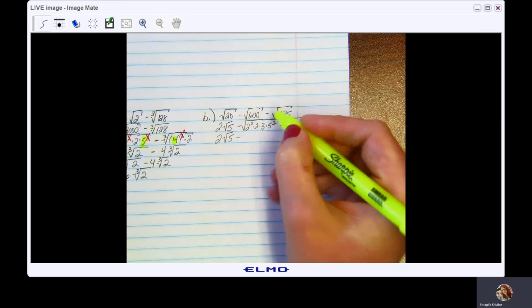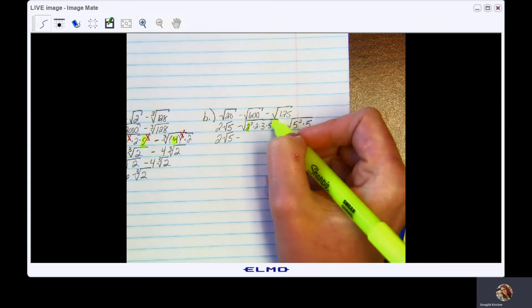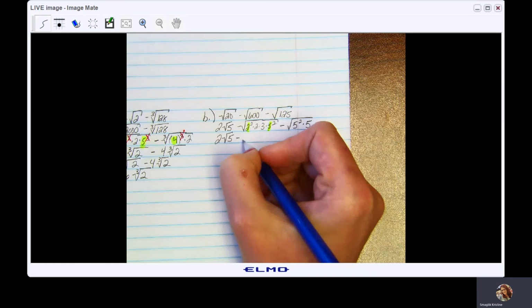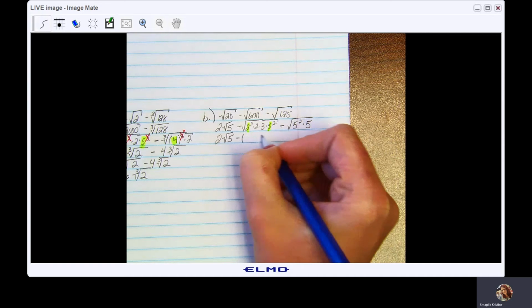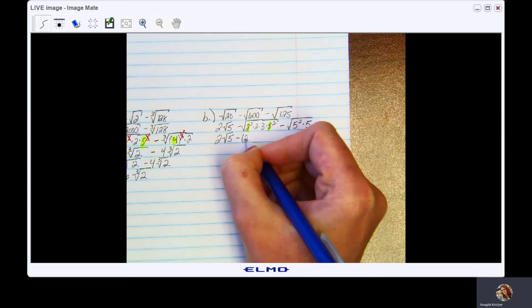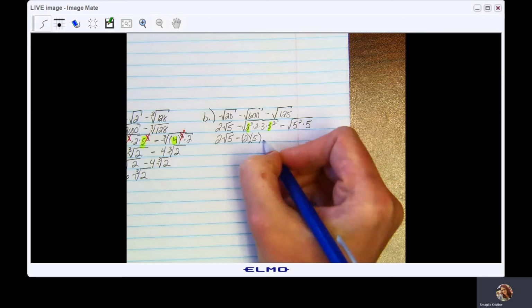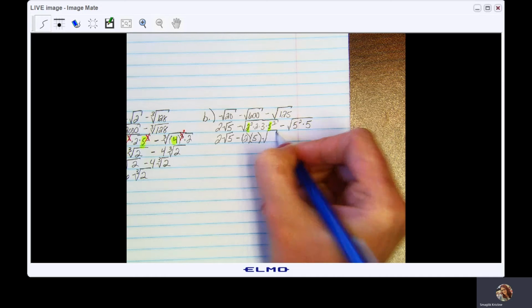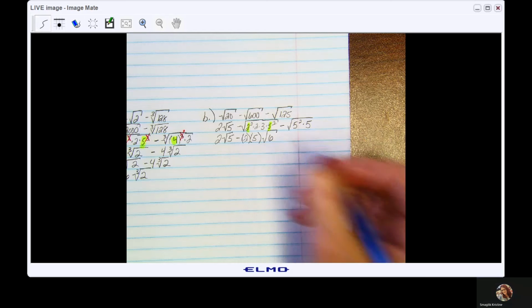Wherever you have that exponent of 2, those bases can come out. So here I'm going to go ahead and write this all the way out. You could just write minus 10, but let's do this for the sake of showing step by step. Times, now what is left in here is 2 times 3, which is 6.